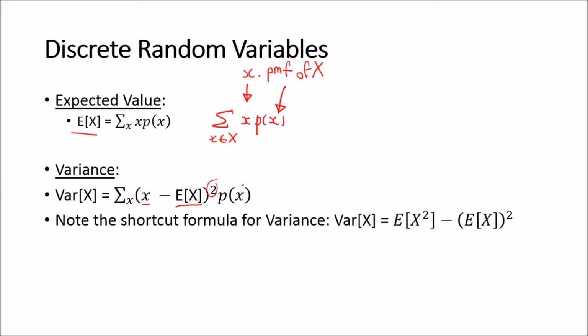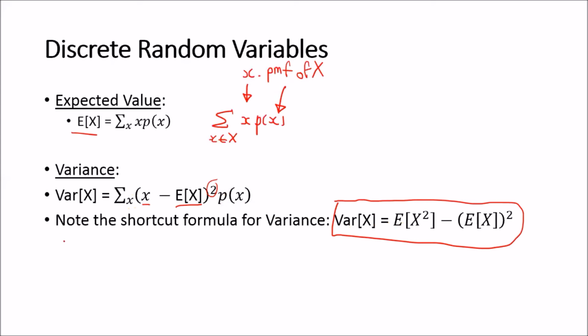And note there's a shortcut formula for this. The variance of x is equal to the expected value of x squared minus the square of the expected value of x. And I will show you now how we derive that result, but memorize this result because it will make life much easier for you when you are trying to derive various results or find the variance of random variables.